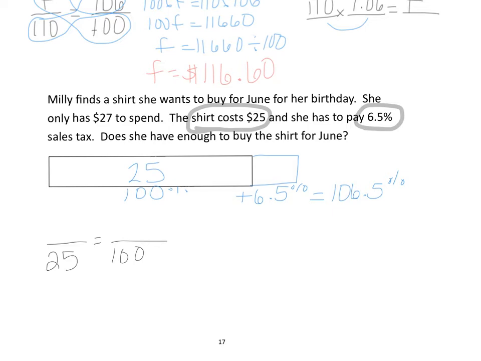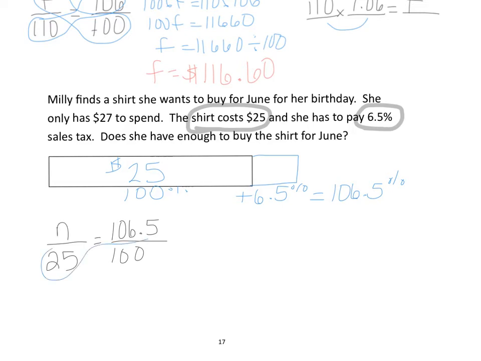When we set up our proportion, $25 is the cost of the shirt. Therefore, it's going to go in the denominator where 100% is the cost. But she has to pay tax. So she has to pay 106.5%. It's a percent, it goes above 100, and she has to pay it. There's no getting out of it. And we're wanting to know if she has enough.